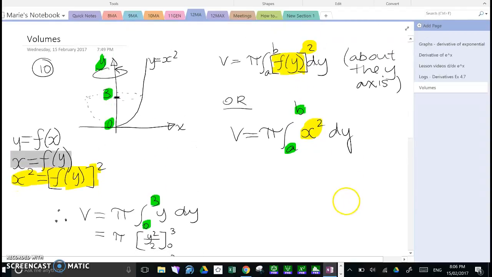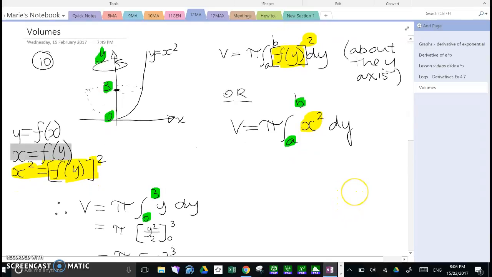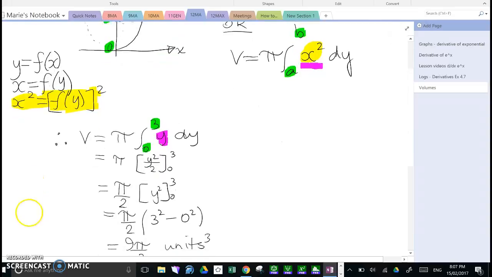So we don't need to put any y squared going on there. So I'm just going to make a note of that. See this here? That y? That's because y equals x squared, and it was x squared that needed to go into that formula. So that's why it's y put in there.